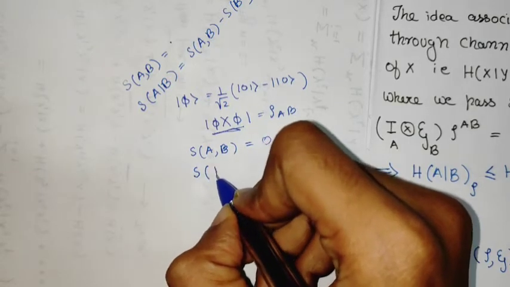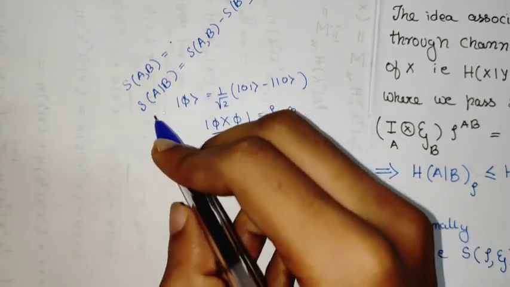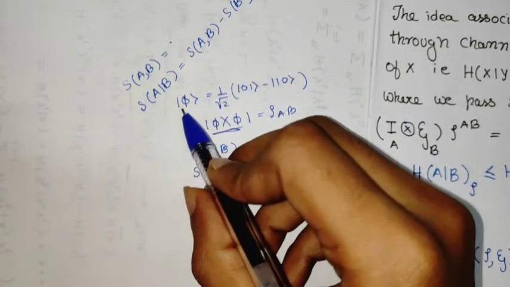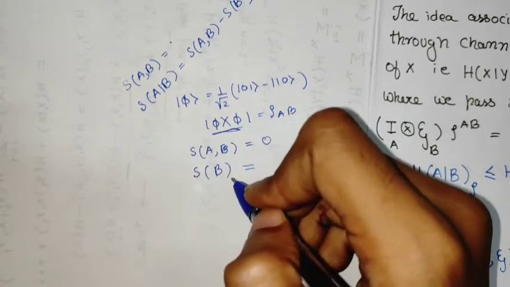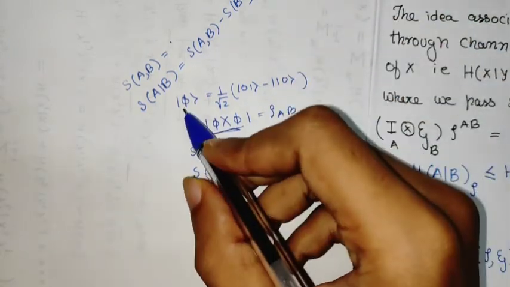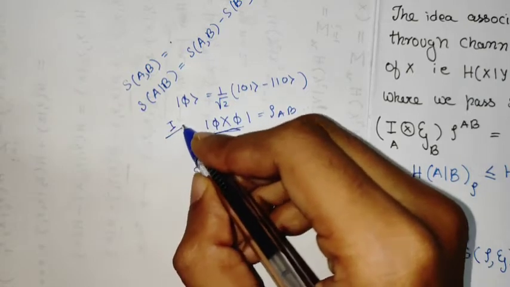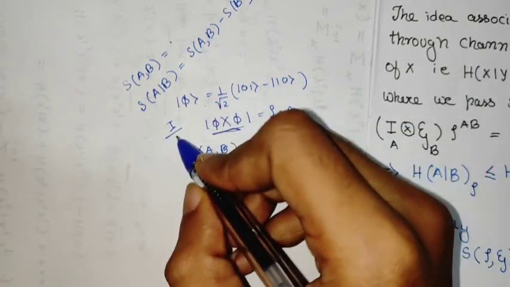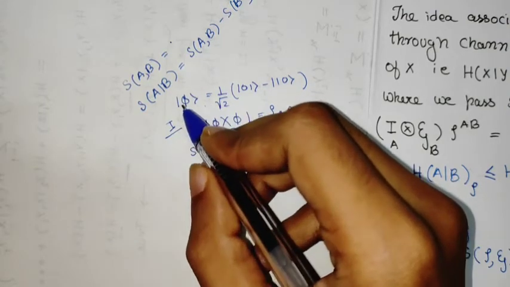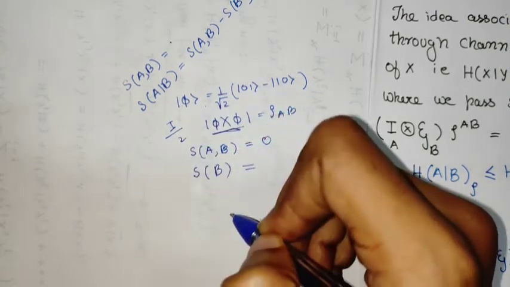And S of B, so we are calculating S of A given B. As this is a maximally mixed state, S of B will be this identity by 2. This is maximally entangled, so if you trace out the A part, you will get identity by 2.